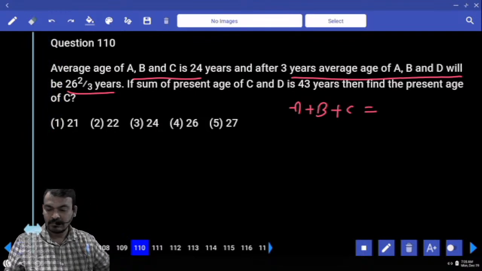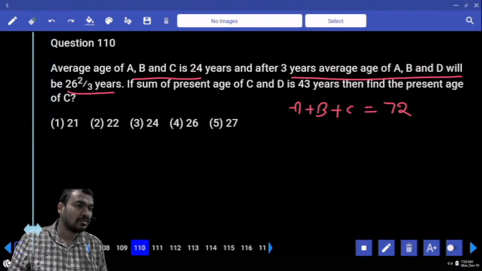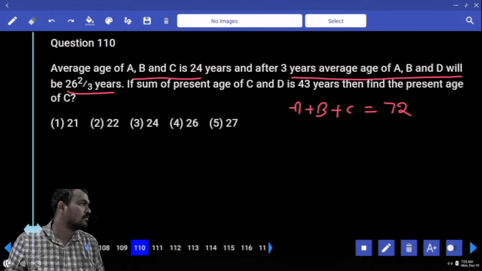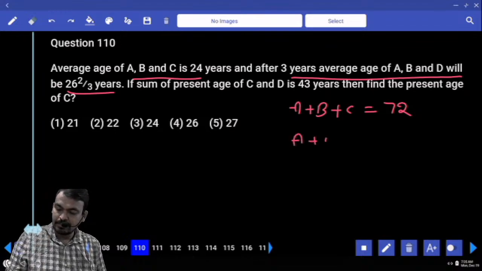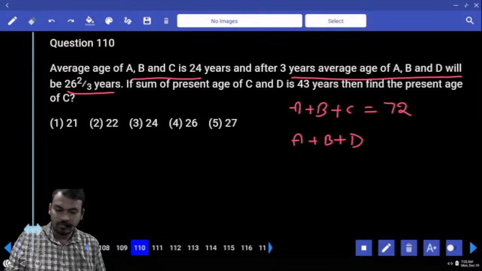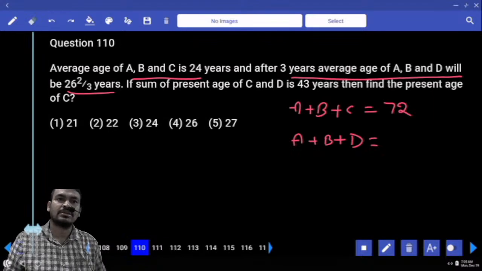What is the A plus B plus C sum? For 3 persons, 72. After 3 years the average is 26 2 by 3, which means the present average is 23 2 by 3, for 3 persons. Then A plus B plus D is 3 into 23 2 by 3, which is 69 plus 2, 71.